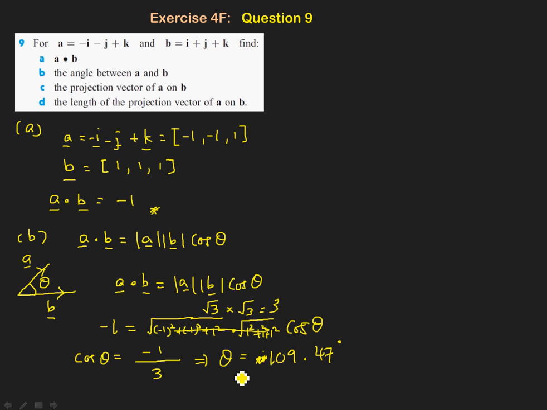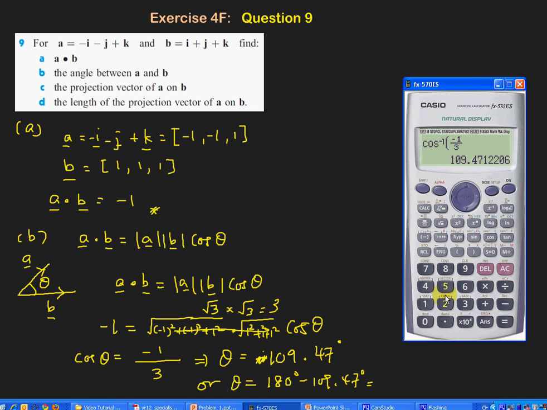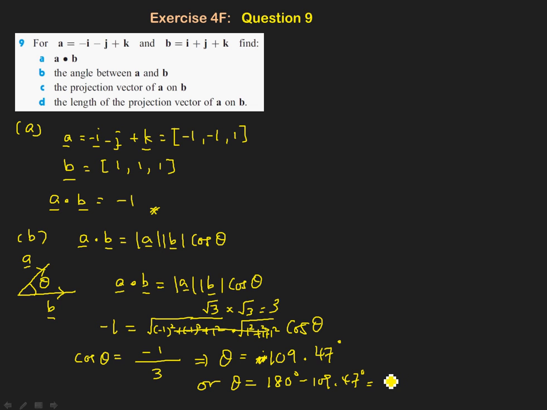Another way we can look at it is that we can take the acute angle: theta equals 180 degrees minus 109.47, and we can calculate that again. So we take 180 and subtract the answer. That is 70.53 degrees.